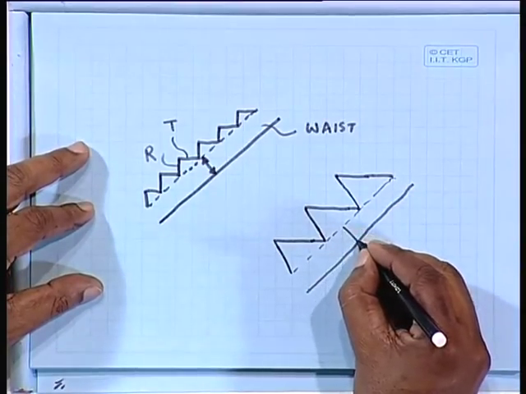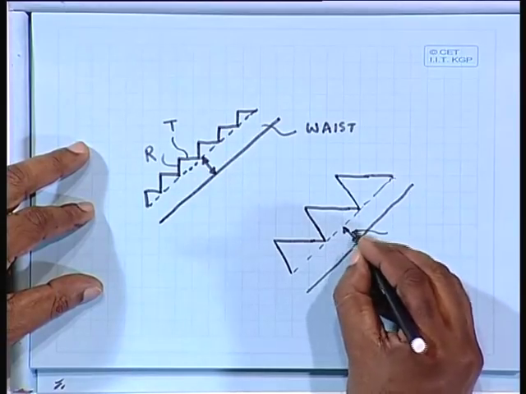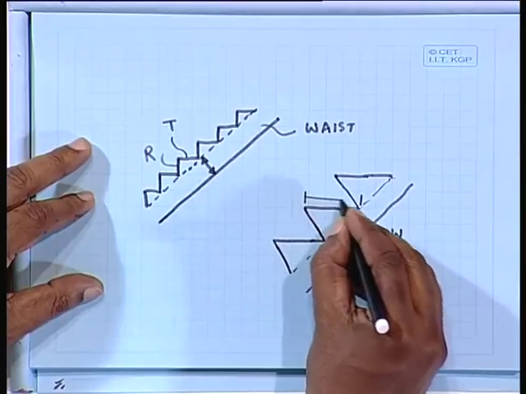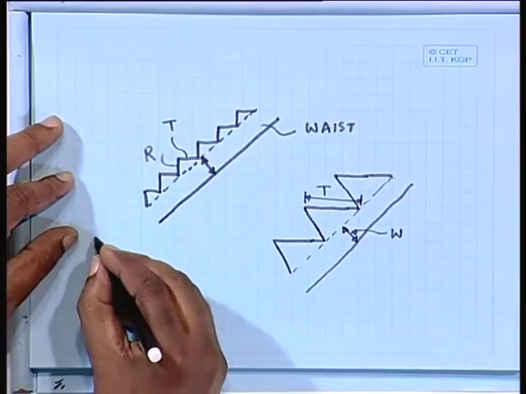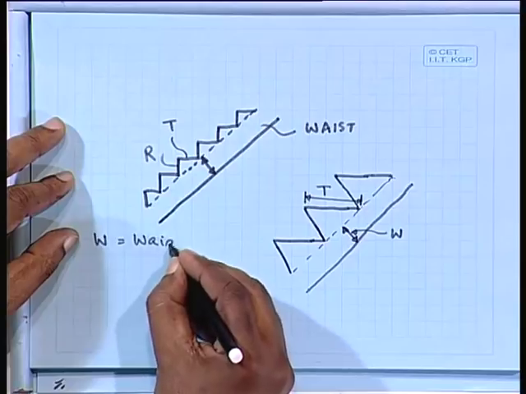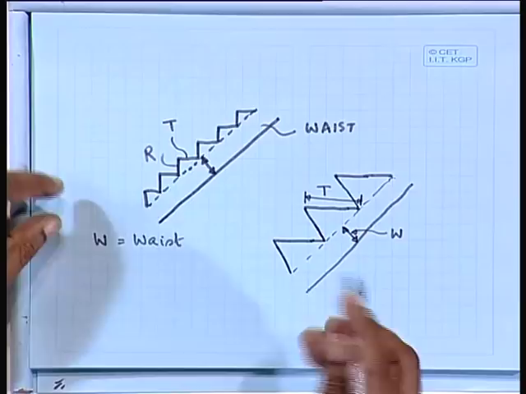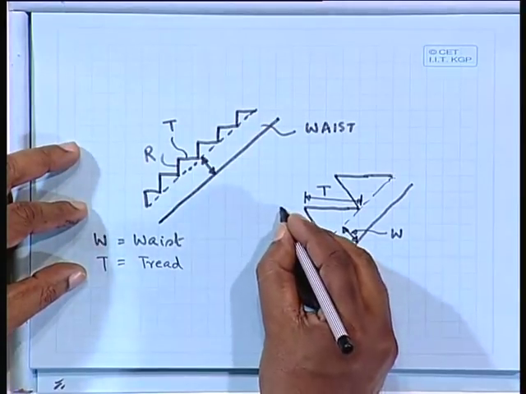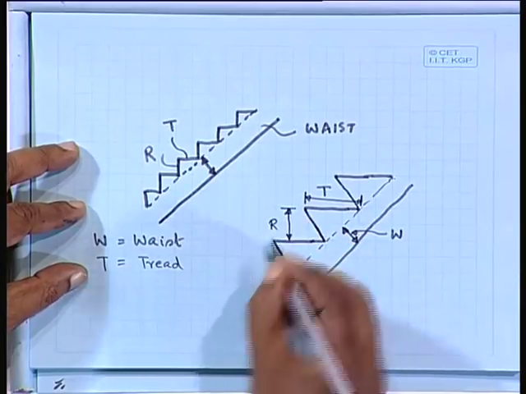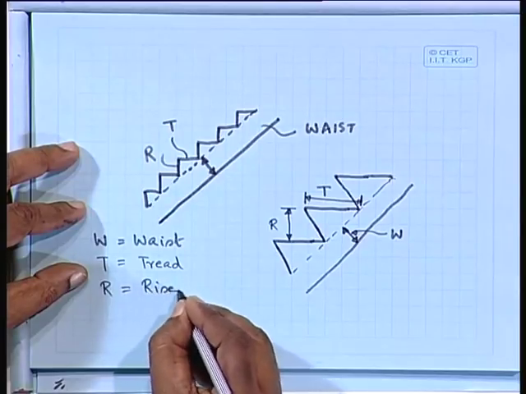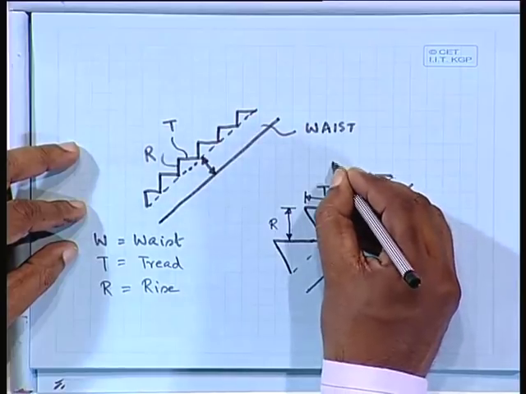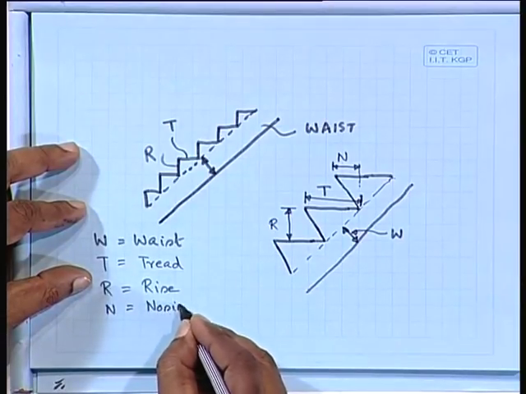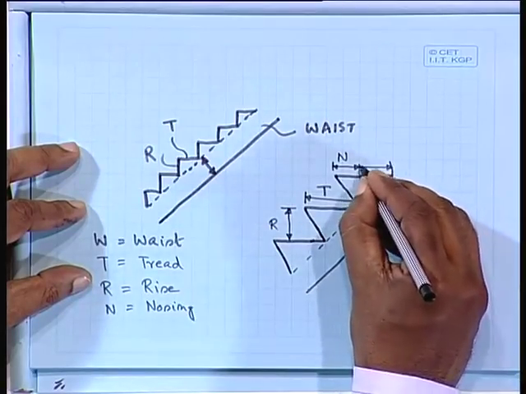So the different components and dimensions: this is W, which is called waist, then from here to here we have tread or T. Then we have R, which is called rise, and we have a certain portion called nosing, and this portion is called going.